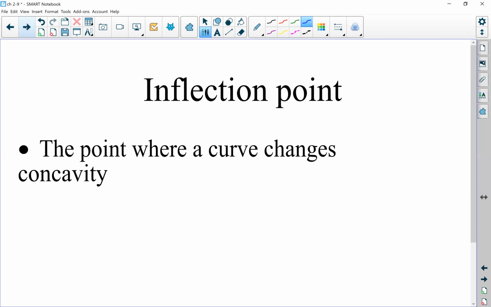At a point of inflection, it's not concave up, so it can't be positive. It's not concave down, so it can't be negative. That only leaves 0. Yeah, so where the second derivative is 0.